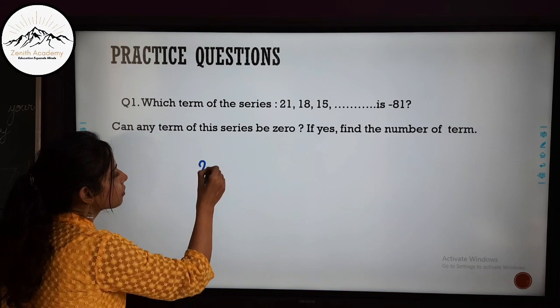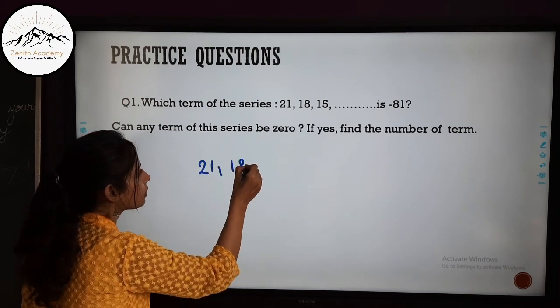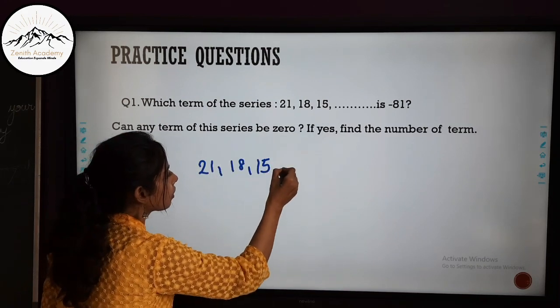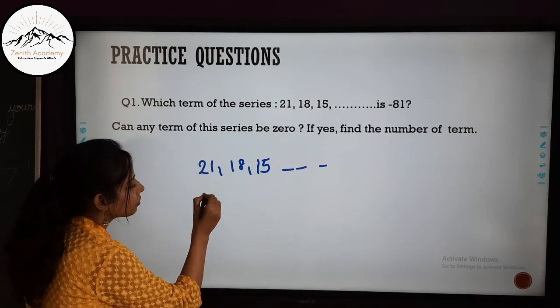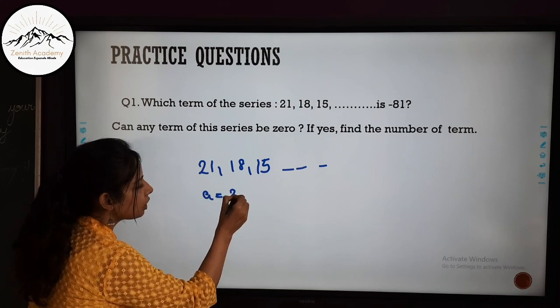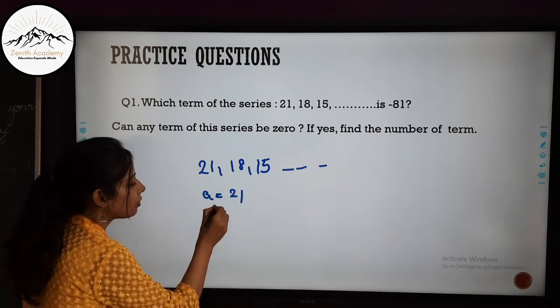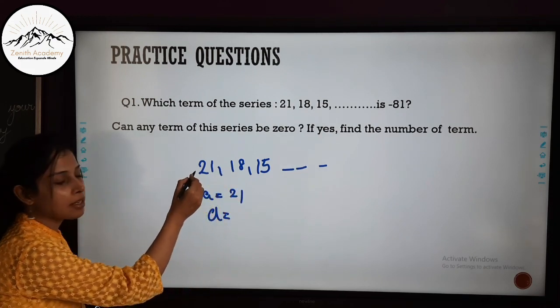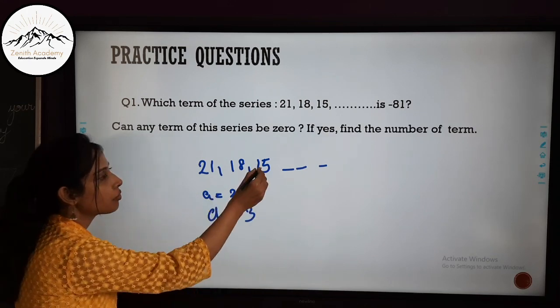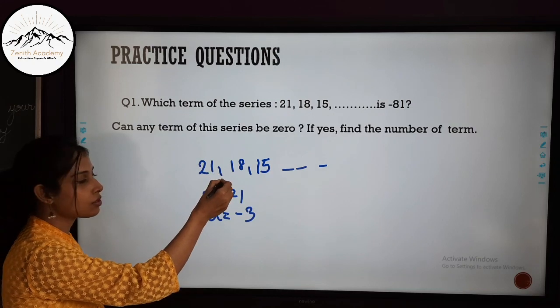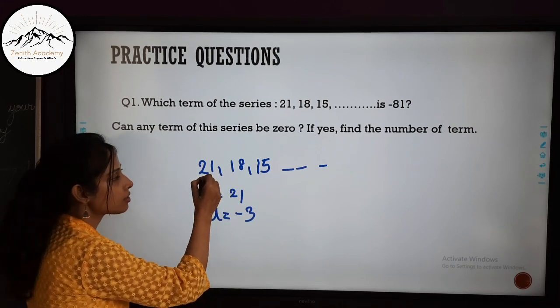So in this series 21, 18, 15 and so on, we know A is equals to 21. What will be D? 18 minus 21 is equals to minus 3. 15 minus 18 is also equals to minus 3. It is a common difference and hence it is an AP.